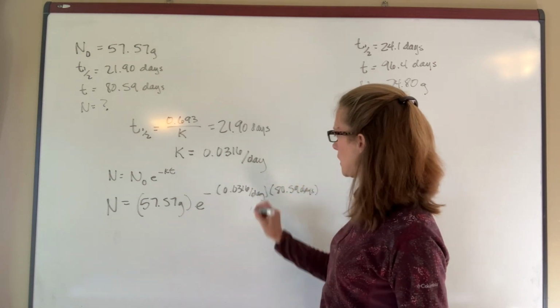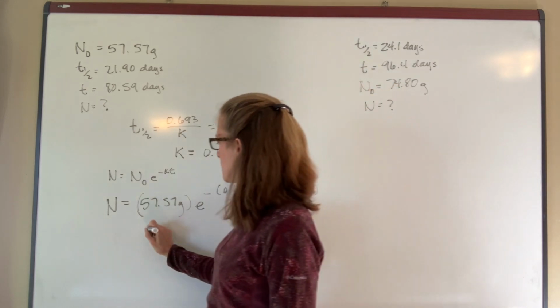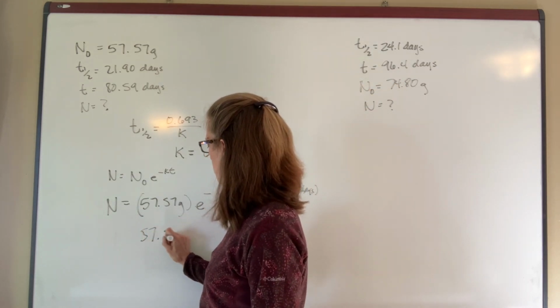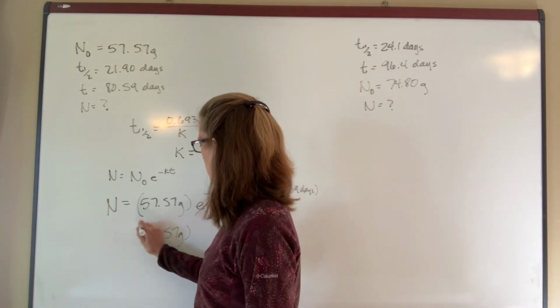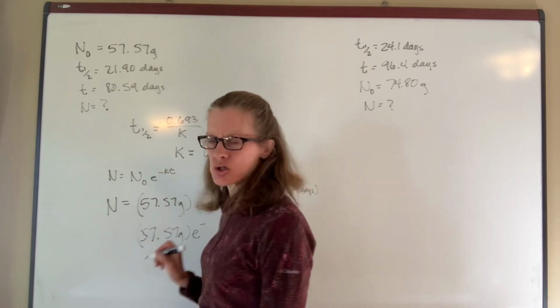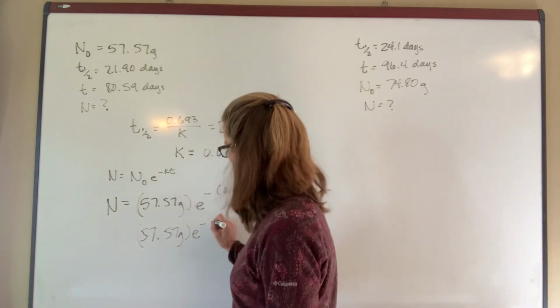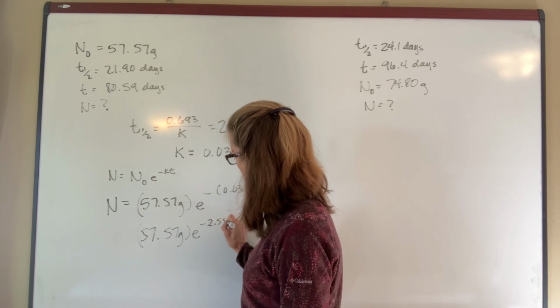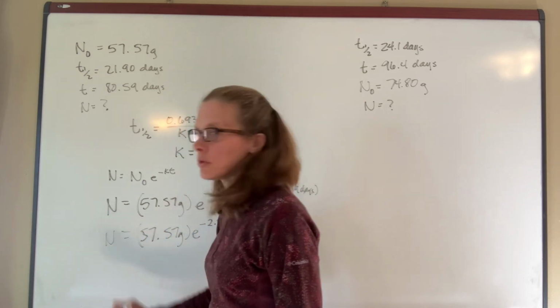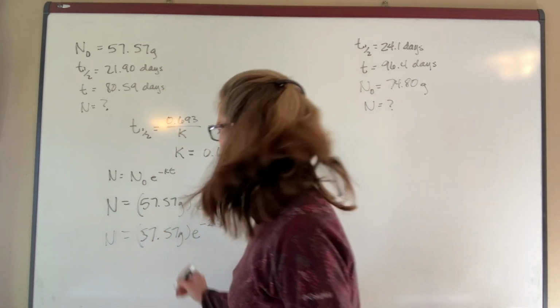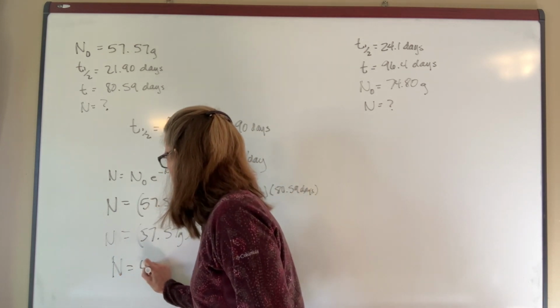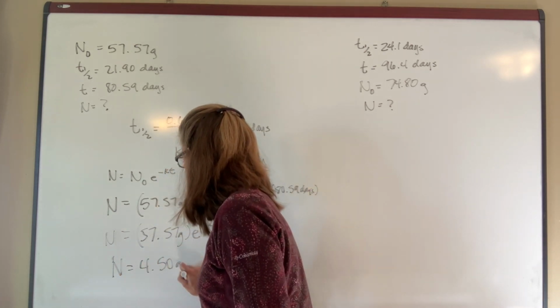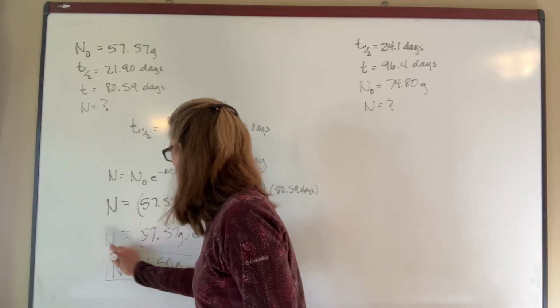Okay, so obviously those units cancel out. This is going to be 57.57 grams times e to the negative 2.55 to equal N. And then you should end up with a number of 4.50 grams that is left.